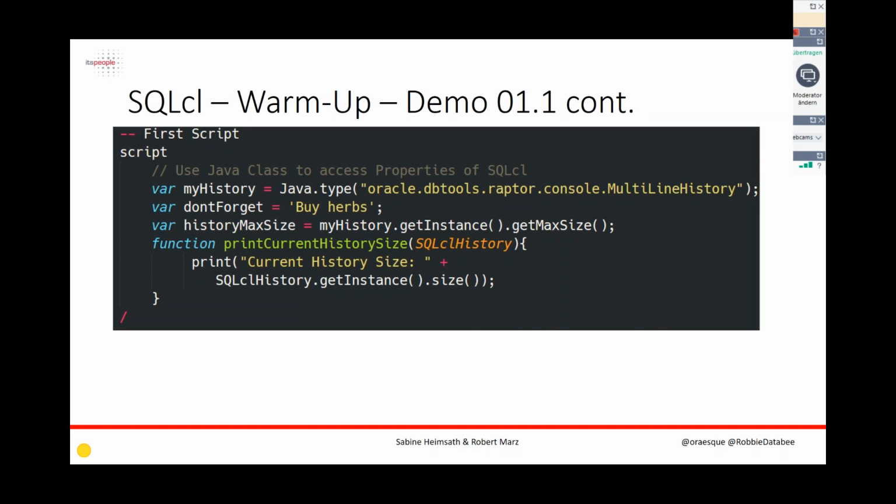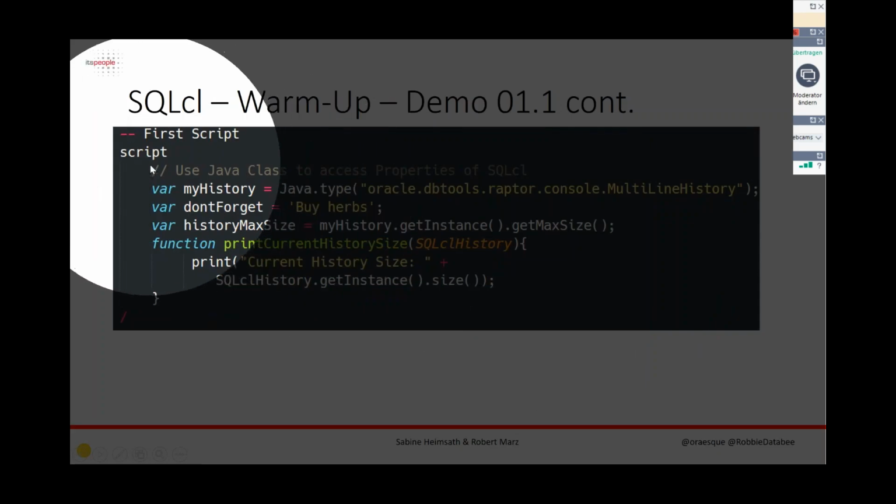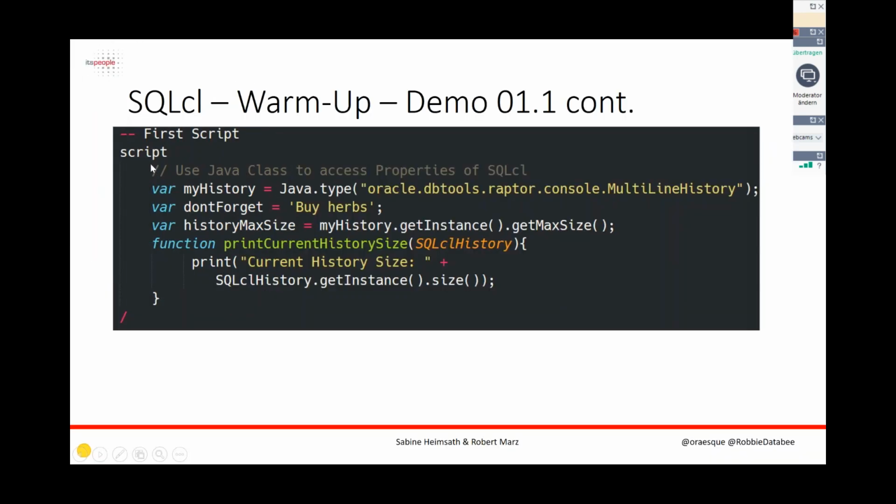Right. The first thing you should notice is the script keyword that Robert mentioned already. Don't forget it, because otherwise SQL*Plus will just be confused and can't do anything sensible. In blue you can see the var keyword, which means variable declaration. We have one very simple variable called dontForget, a simple string.